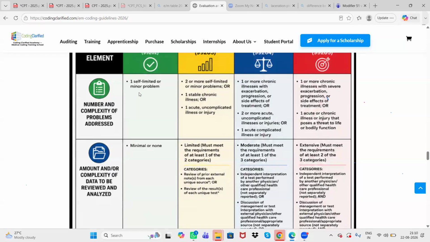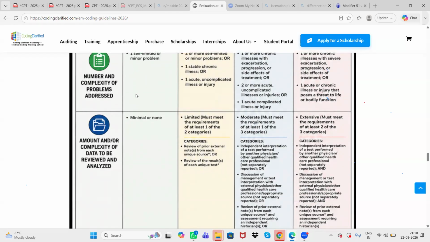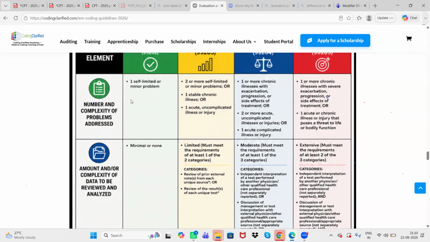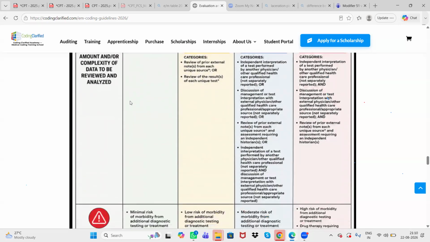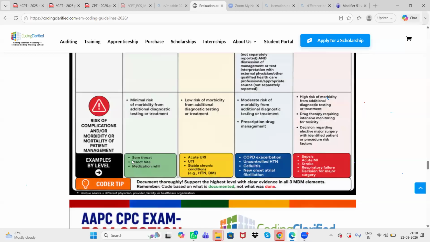Straightforward: one self-limited or minor problem. What does it mean, self-limited or minor problem?